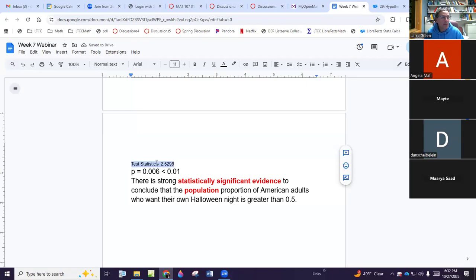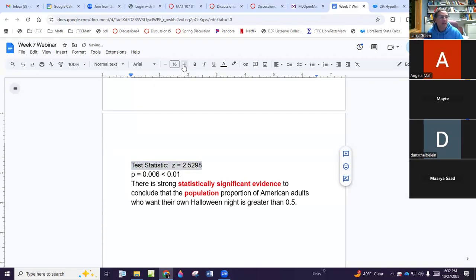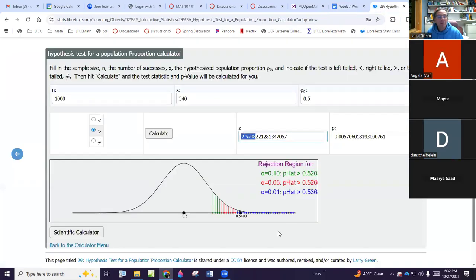Let me write z equals. Let's make it bigger so you can see it better. And that's called the test statistic. The p-value, I rounded to 0.006 about.